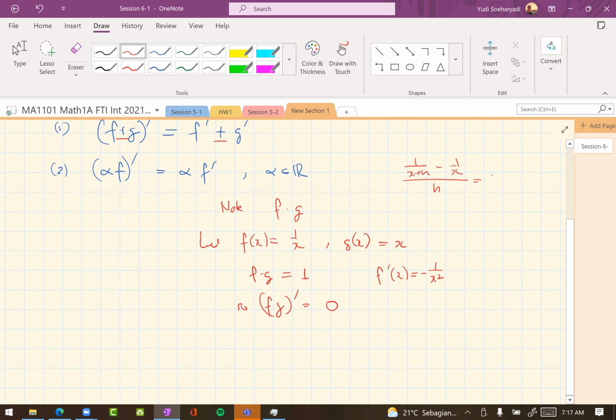Before we compute the limit, let's simplify this first. So it is x minus x plus h, sorry, it should be x minus x. So this cancels, and you have minus h divided by h.